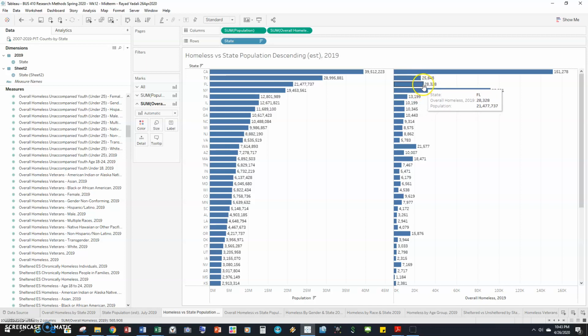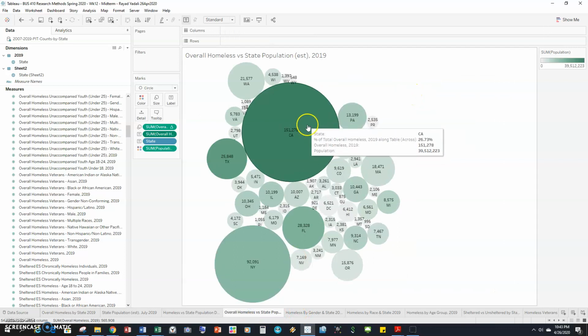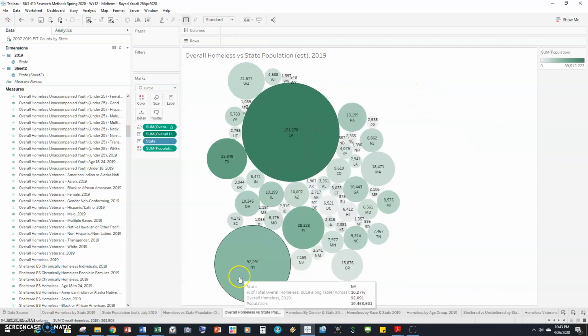They're in the 25 to 30,000 range, whereas the fourth largest population, New York at 19 million and change, has the second highest homeless population at 92,000. And if you basically keep going, this is a packed bubble representation, which shows you the same information.